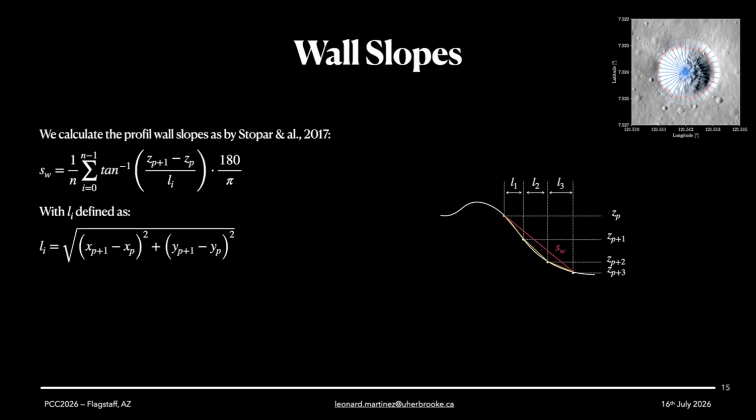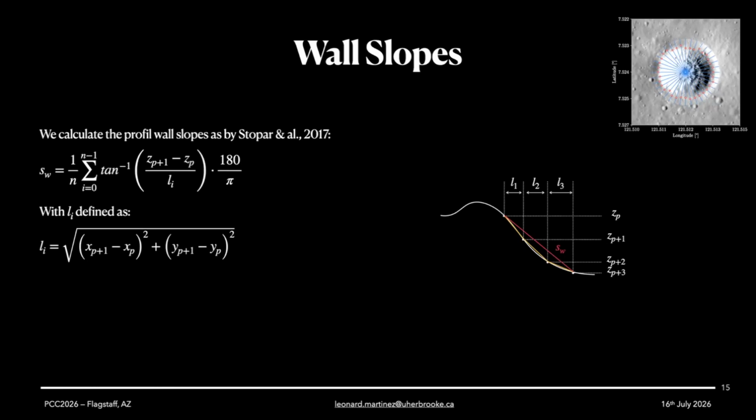We also used the Julie Stopar 2017 method to calculate the wall slope of the craters. Basically, we took a range between 20 and 80% of the profile to be sure to be in the wall of the crater profile. With this simple formula, we calculate all the pixel-to-pixel slopes in the wall of the crater, and we took the mean of all those small pixel-to-pixel slopes to get the slope of the profile.